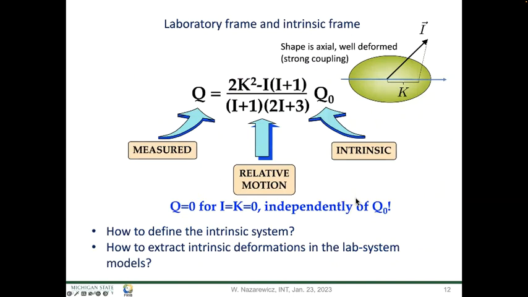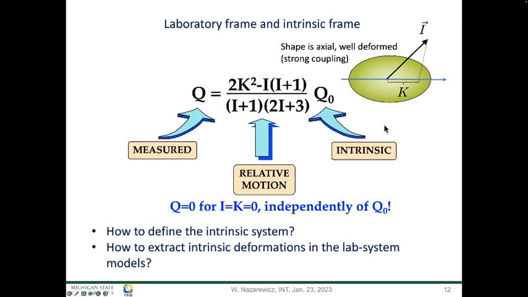Okay, so this takes me to the interesting topic of the laboratory frame and intrinsic frame. We can talk about deformations once we define the intrinsic frame. In some cases this can be done, but in many cases we have difficulties with it.